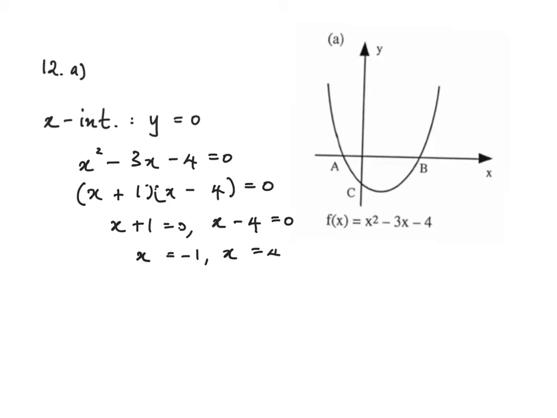So we can say that the point A has coordinates minus 1, 0, and B has coordinates 4, 0.